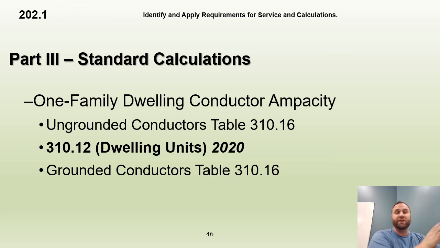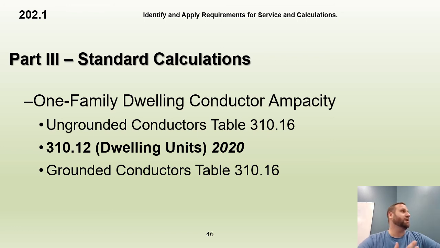I have permission according to Table 310.12, but I don't have permission elsewhere in the code, where my conductors are not allowed to be sized any smaller than the load expected on them. So 2-aught would still be my overall service conductor.